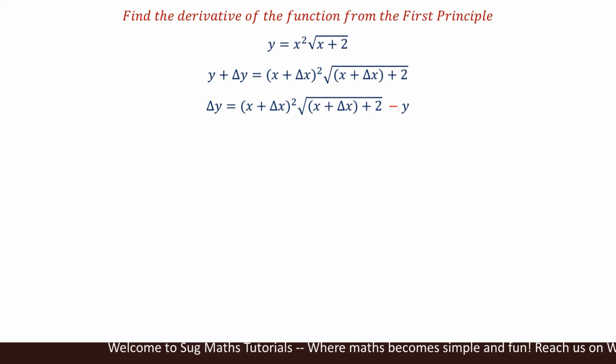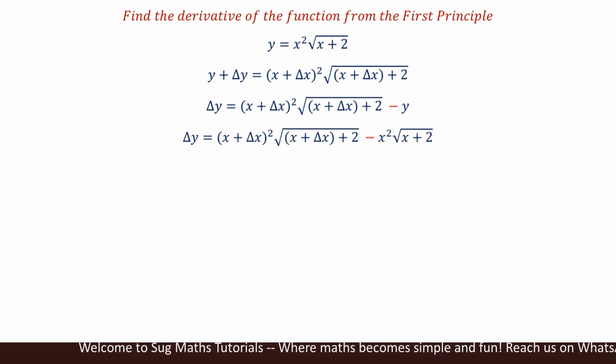Let's replace it. We are going to have that change in y is equal to x plus change in x in bracket squared multiplied by square root of x plus change in x in bracket plus 2 minus x squared square root of x plus 2. Good. Now let's continue.